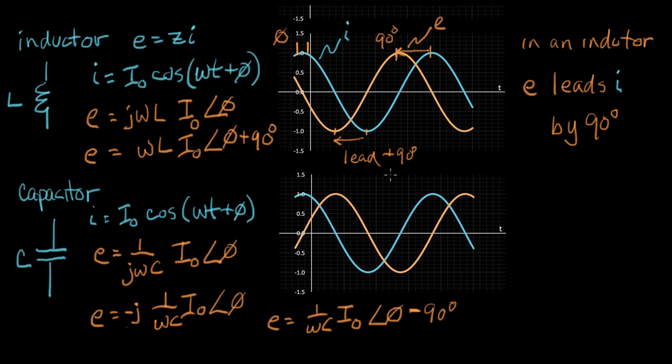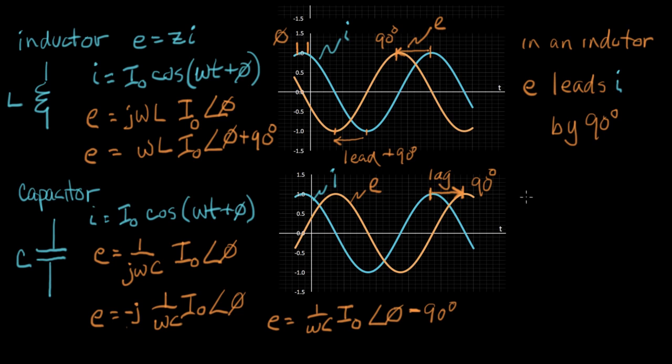So here's our original current here. Let me label that. Here's I. And now we have our voltage, E, looks like this. Here's E. And what we see, let me go out here and measure it here. Here we have a phase lag. We're pointing to the right of 90 degrees. And that we call a lag. We can summarize that.